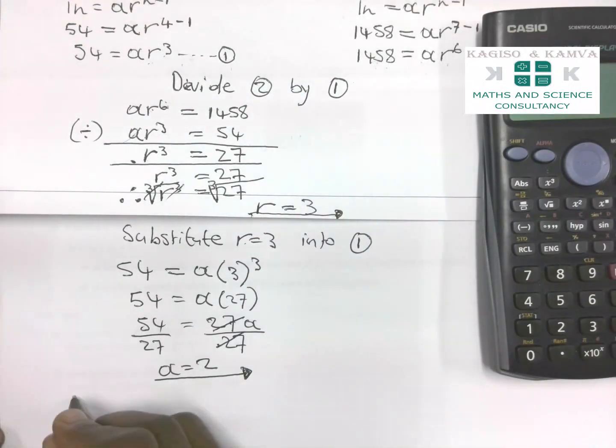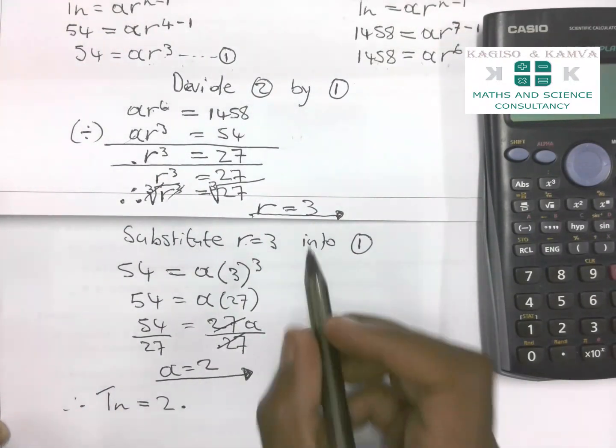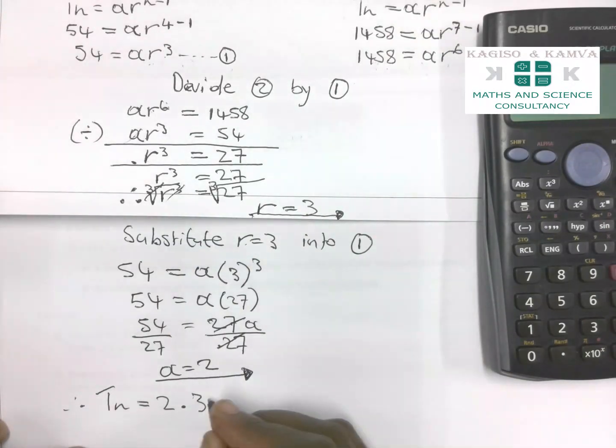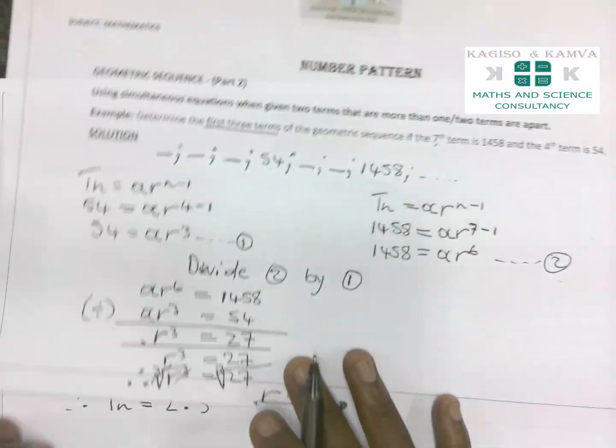So our general term is Tn equals 2 times 3 to the n minus 1. But the question was, determine the first three terms.